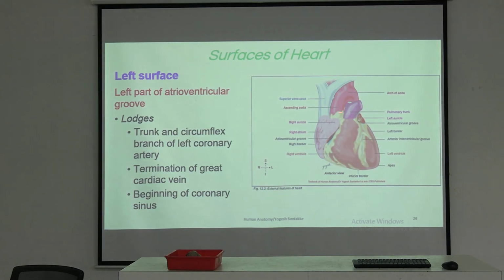And here we can find one groove, which is called the left part of the atrioventricular groove, where we get the circumflex branch of the left coronary artery. And also this vein is coming, which is known as the cardiac vein. So here: the cardiac vein and the left circumflex branch of the left coronary artery.